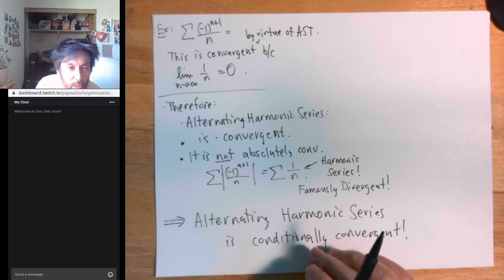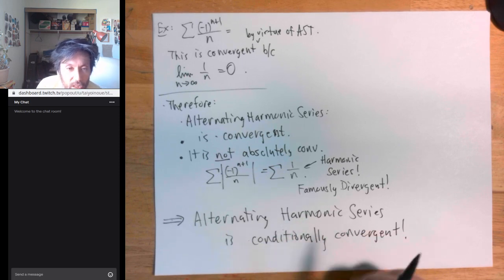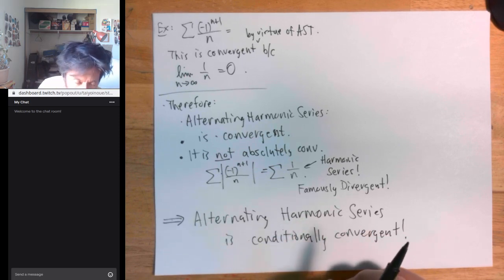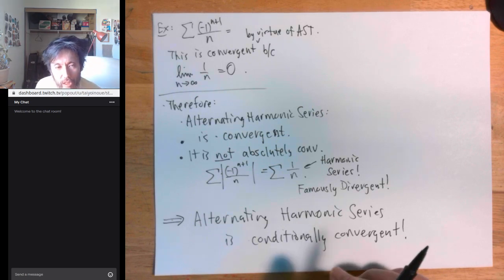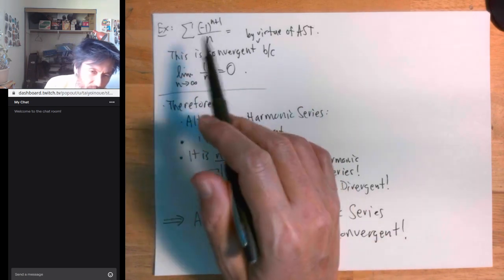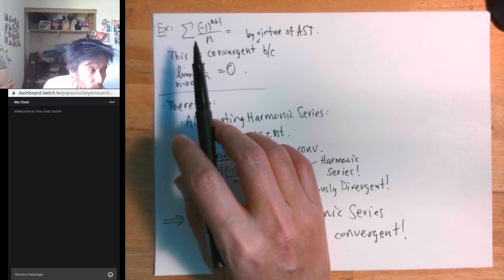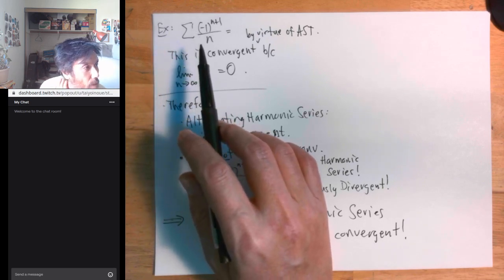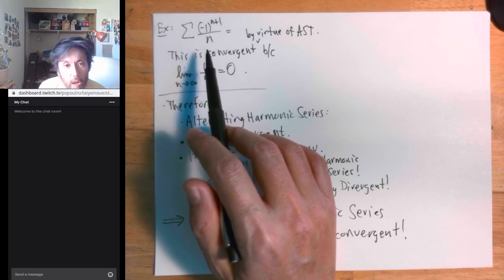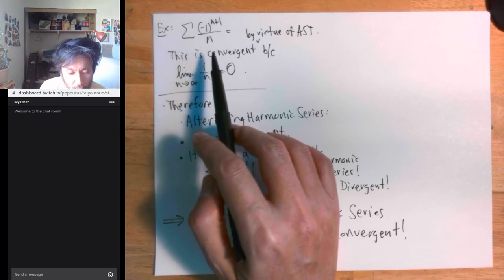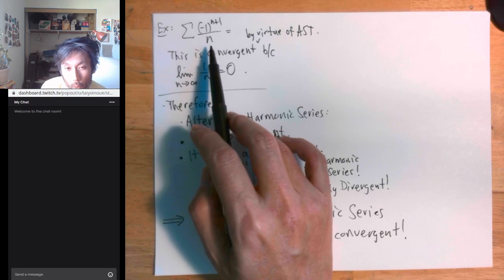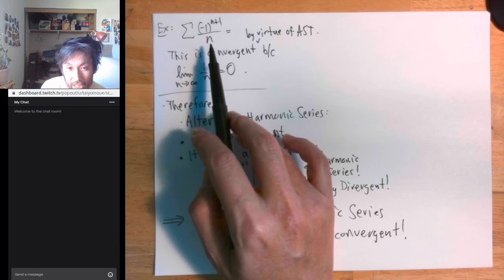For example, Riemann proved that when you have a conditionally convergent series, it turns out that, don't think about this too hard, it's not going to be terribly relevant or important for our class, but you can rearrange the order of the terms of a conditionally convergent series.